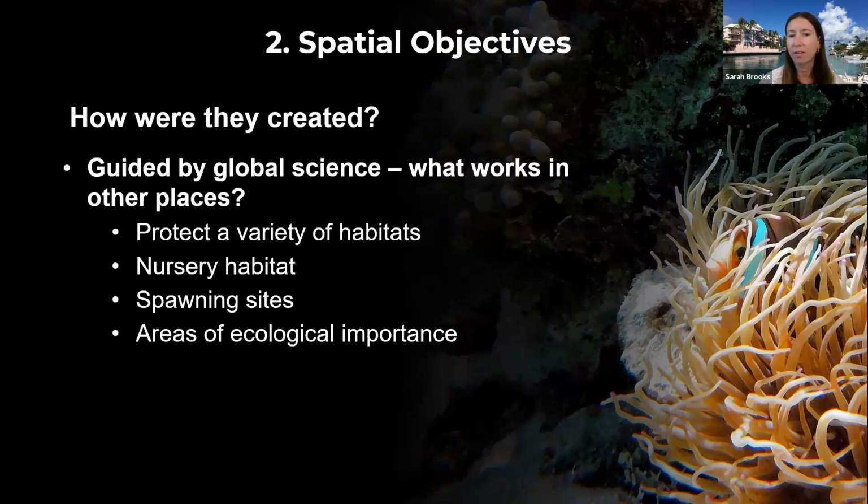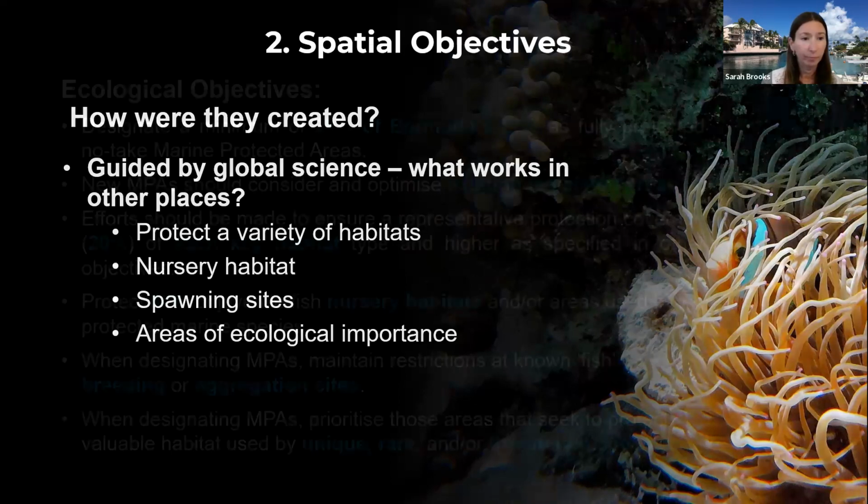And what that science shows is that marine protected areas are most effective when you protect a variety of different habitat types, when nursery habitats are incorporated into that protection, when spawning sites are protected, and also when areas of ecological importance are protected. So these would include areas of high fish diversity, for example, or good coral cover, and other areas.